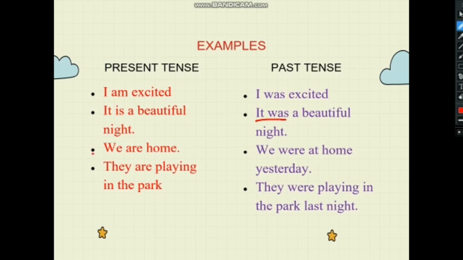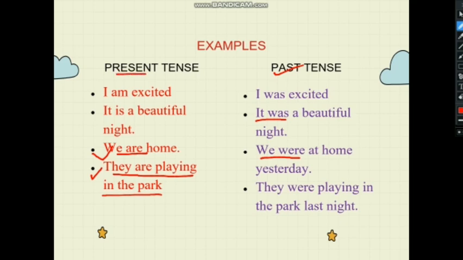Third sentence देखो, we are home. This is a sentence of the present tense. And if we have to make it in the past, we will write we were at home. अभी नहीं है, but we were, थे. So this is about the past. Now the another sentence, they are playing in the park. That means right now they are playing.